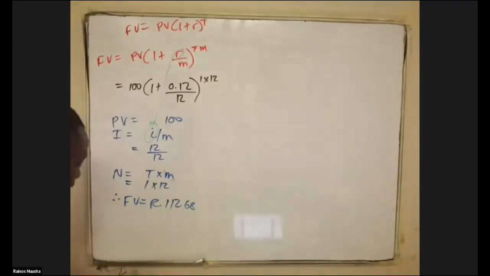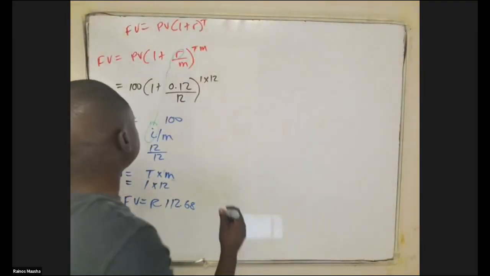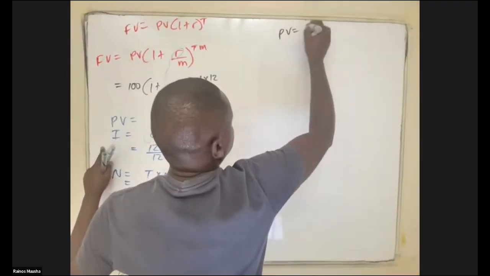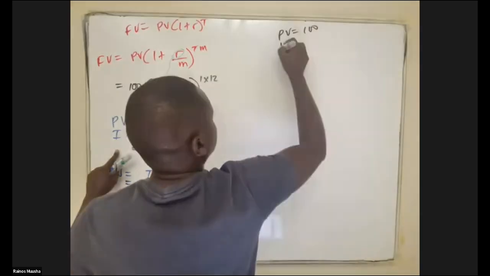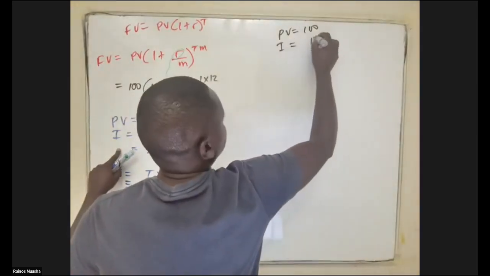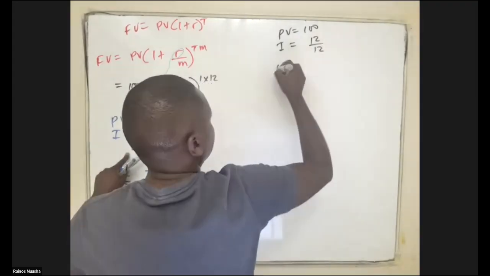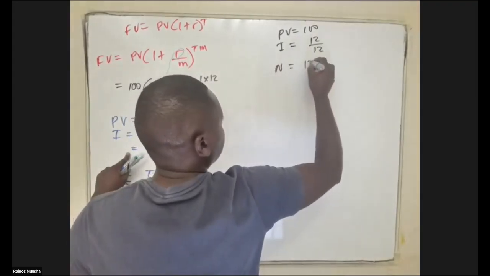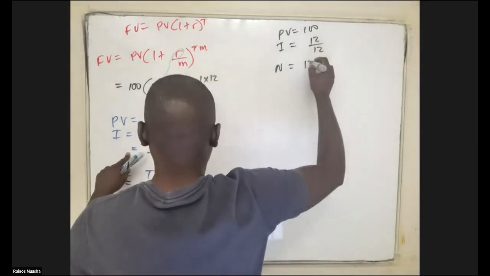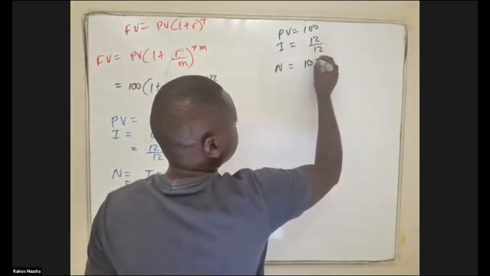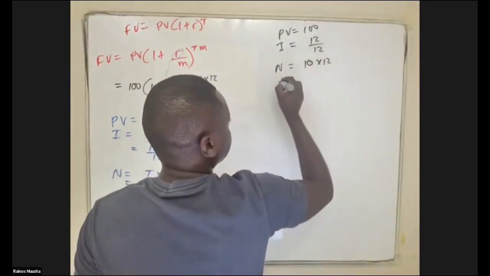And if it's going to be for 10 years, our present value is 100. Our interest is going to be 12 divided by 12. Our N is going to be 10 years, so it is 10 multiplied by 12.